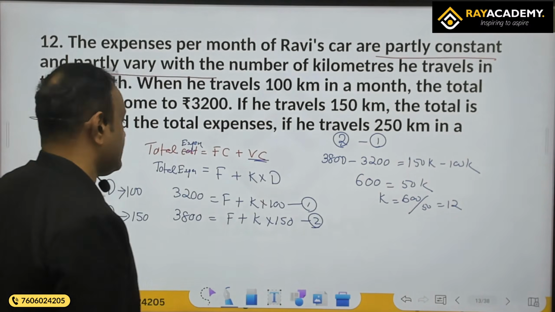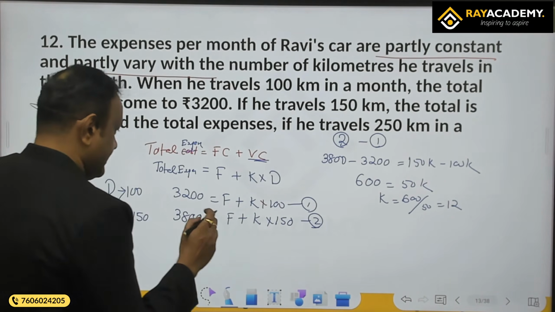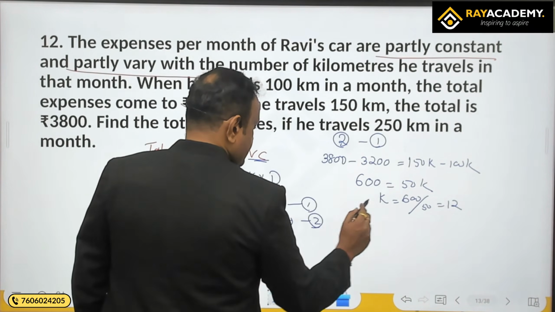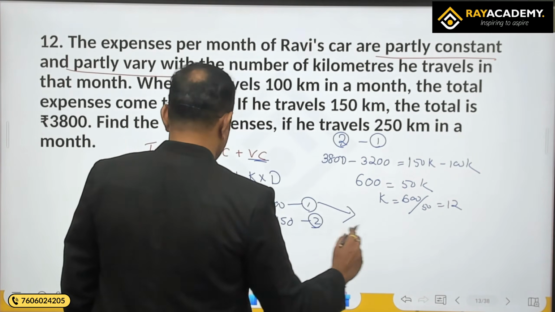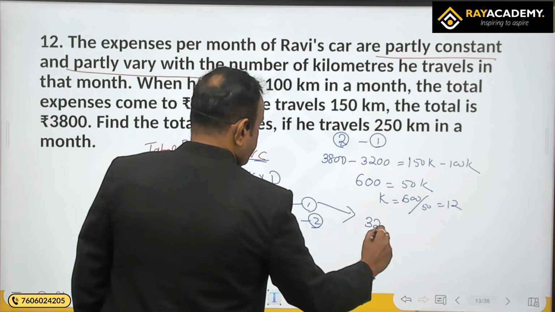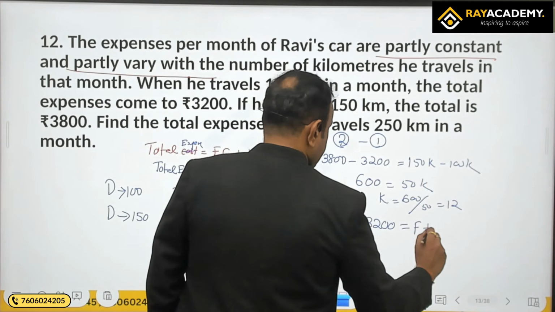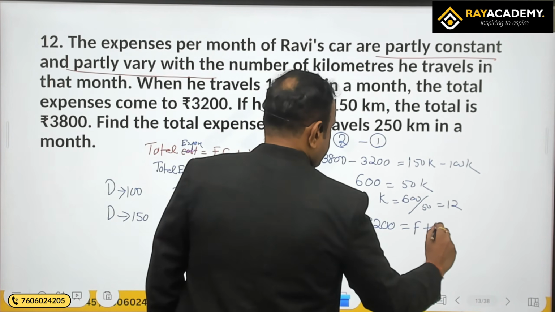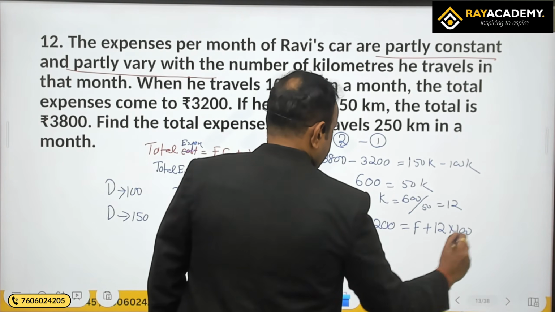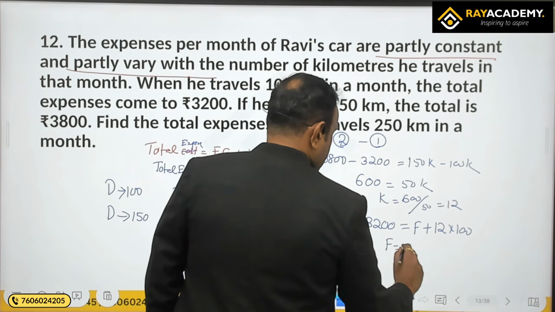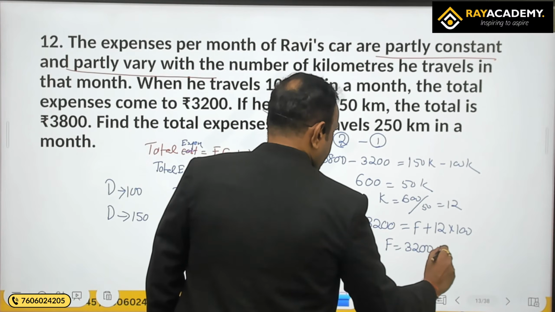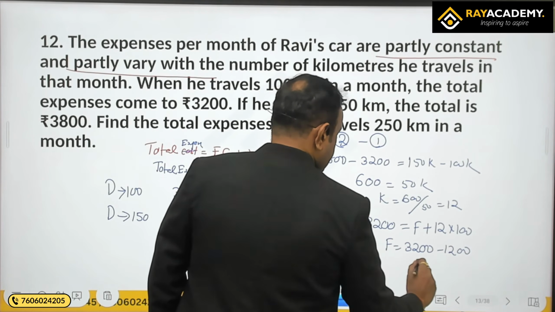So we get the value of k. Now that we have the value of k, you can put it in any of the equations to find the value of f. So put in equation 1: 3200 equals f plus 12 into 100. So f will be 3200 minus 1200, that is 2000.